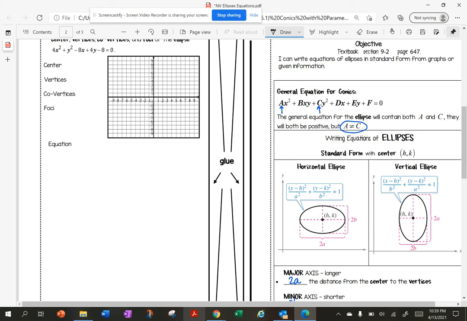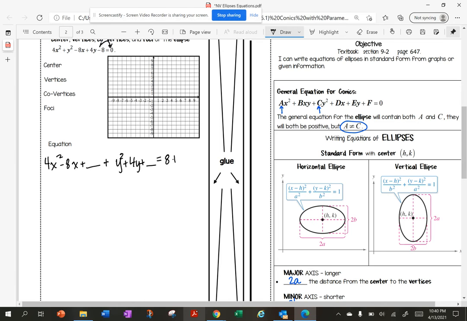So this is 4x squared minus 8x plus something plus y squared plus 4y plus something. And I'm going to move negative 8 to the other side. So that means I'm adding 8 to both sides.